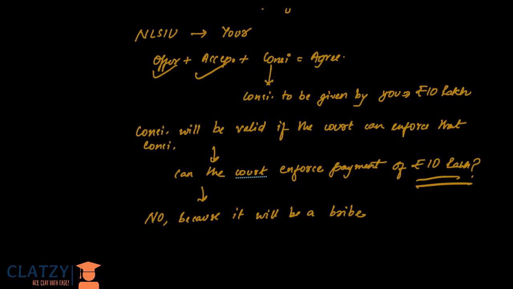Whenever somebody asks you what is consideration, your answer should be: consideration is something that has some value in the eyes of law. And your explanation should be that a consideration will have some value in the eyes of law only when the court is able to enforce that consideration. All right.